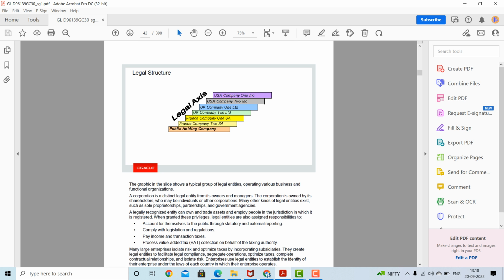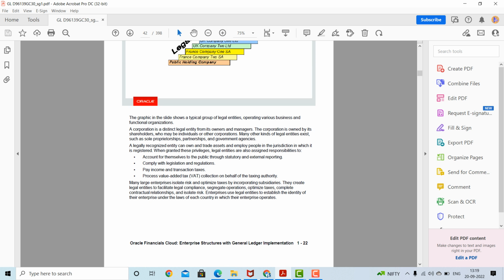Legal structures. You can view this in the picture. This is the legal structure, with companies in the US, UK, France, and public holding companies. The graphic in the slide shows a typical group of legal entities operating various businesses and functional organizations.